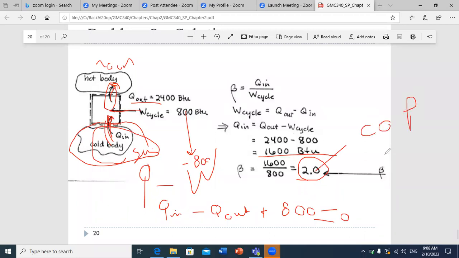If we were working with a heat pump, we reverse things. COP of a heat pump would be Q out over W cycle, so 2400 over 800, which is 3. But here it's not the case, because the room is on this side, not the other side. Okay, any questions on this?